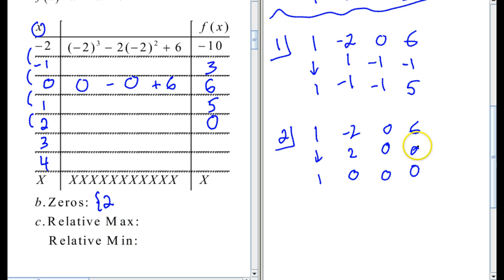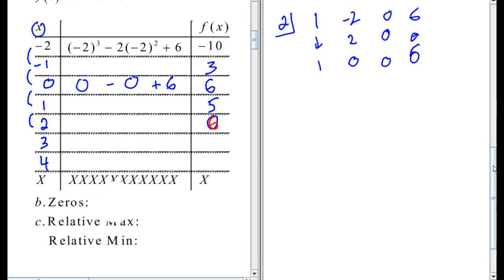Oh, the 6? Oh, 0 plus 6. Okay, never mind, take that back. Good call. Keep my stuff neat. So it's 6. There we go. 6. Alright, keep it going.